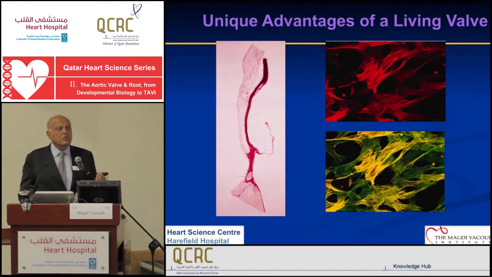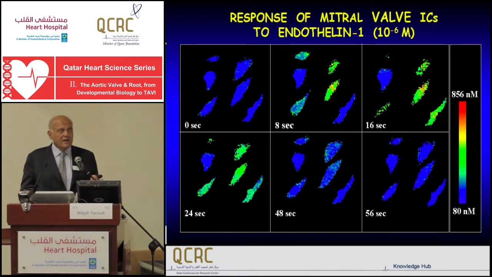It's not only smooth muscle alpha actin, which is a contractile protein, but actually we have shown that in the valve interstitial cells there are contractile proteins of striated muscle, which is typical for the valve and not present either in myocardial cells or in skeletal muscle, which is fantastic.